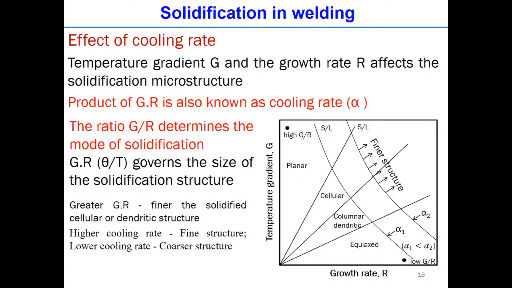If it is very high, then you get the fine structure, so the grain structure can be smaller. If the cooling rate is low, you get the bigger structure, a coarser structure. But whether it is fine or coarse, the mode of solidification can be different depending on the value of the G by R ratio.